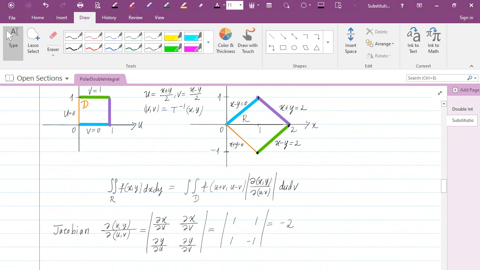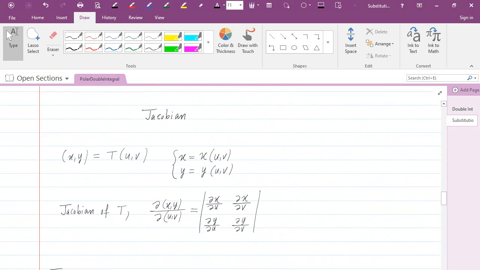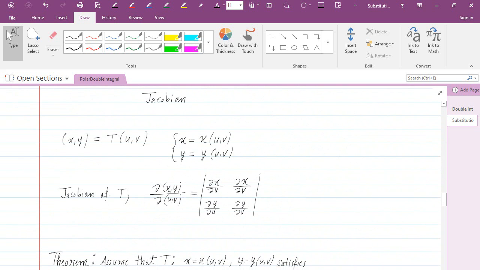Okay, so basically let me recap the change of variables formula for double integrals. Let's say that we change variables from x, y to u, v via some function T, where T is invertible. That is, we are substituting x with some function x of u, v and y with some function y of u, v.